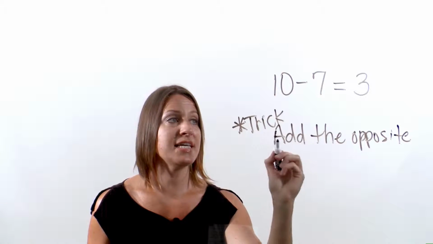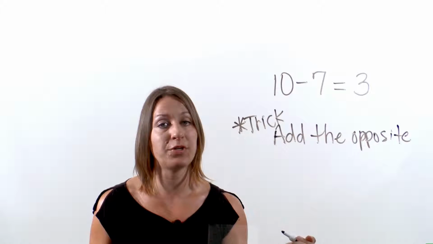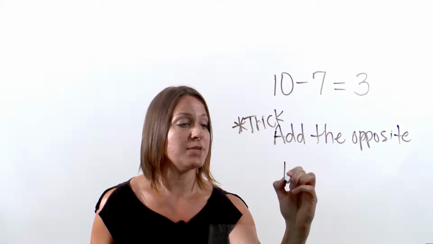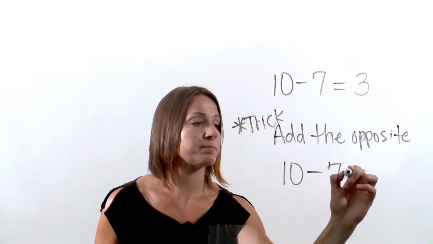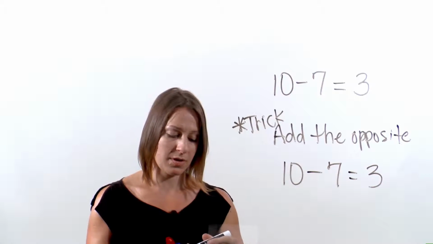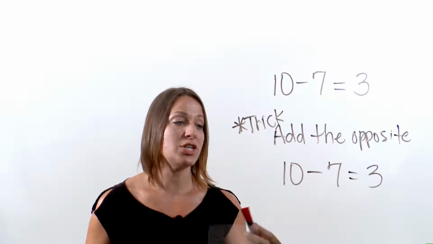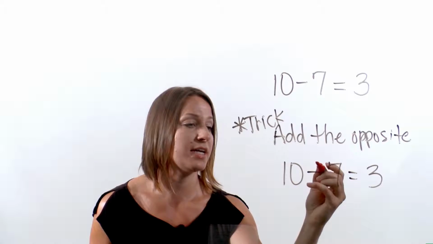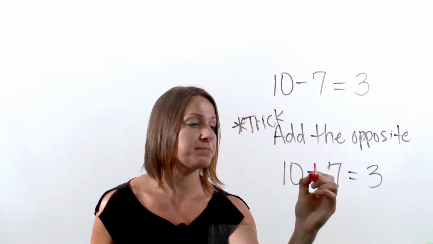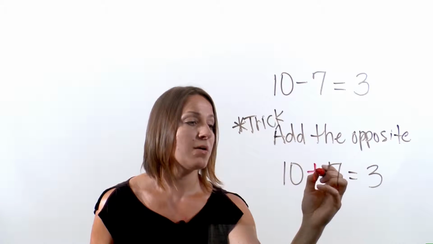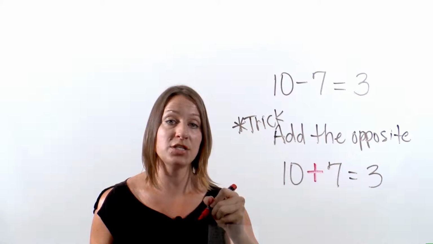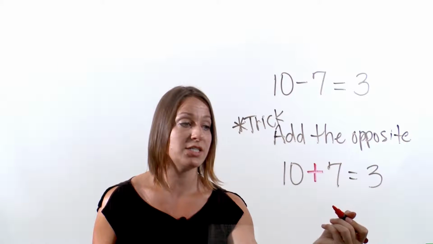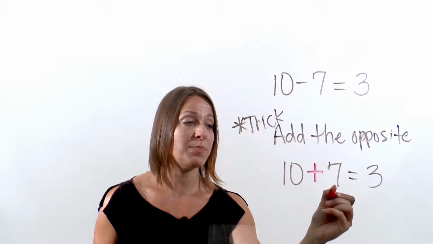Take 10 minus 7 equals 3. When we add the opposite, we are going to change that subtraction sign to an addition sign. But in algebra, if one thing changes, something else has to change. So we're going to add the opposite.